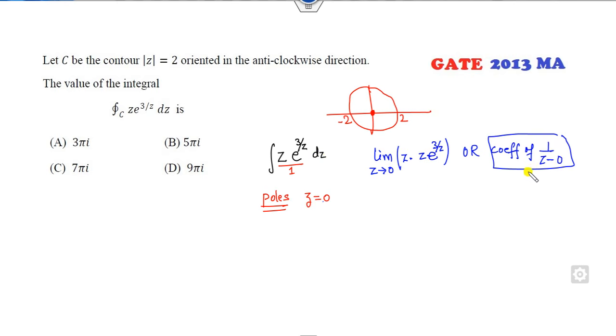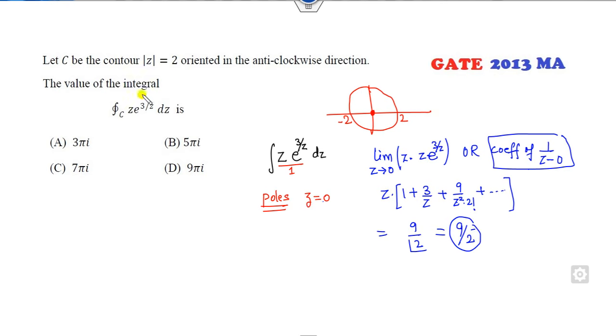So firstly, this is quite easy because I can open this. What is the exponential part? 1 plus x square into 2 factorial plus so on. Fine. So what is the coefficient of 1 over z? This is the coefficient of 1 over z. It's 9 over 2 factorial. So 9 over 2 factorial is 9 over 2.